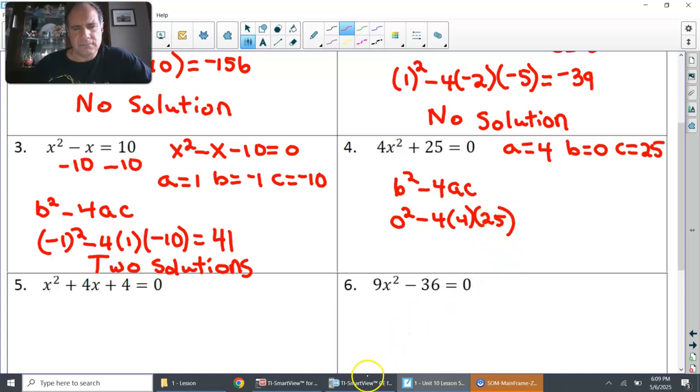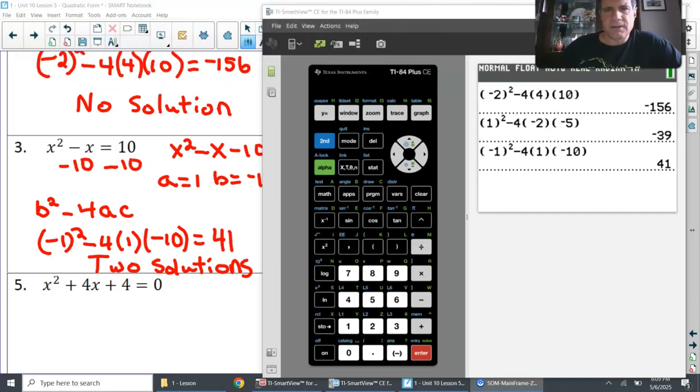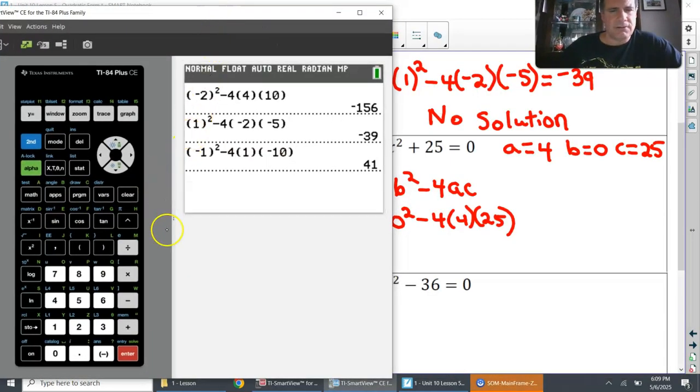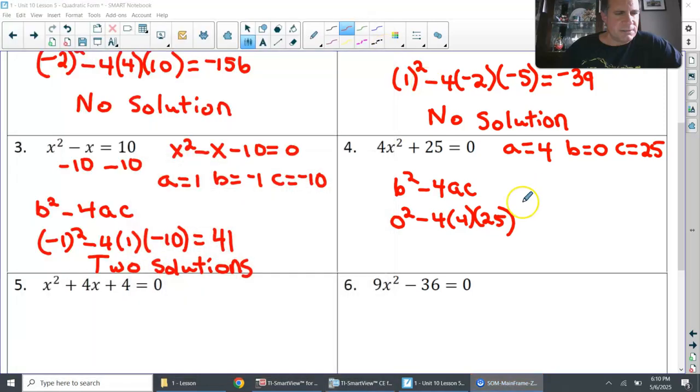And you know what this is going to be? Negative 400. Saw that coming. No solution.